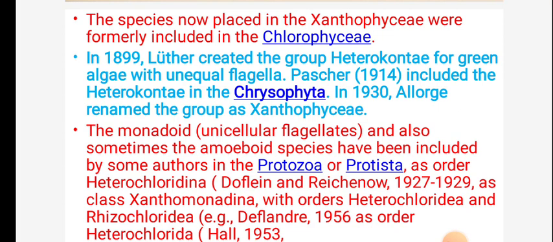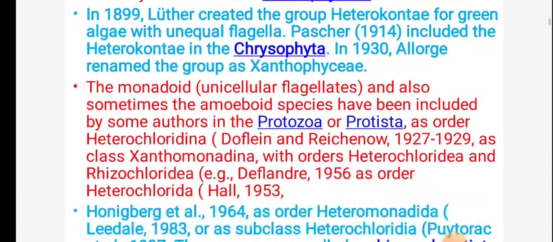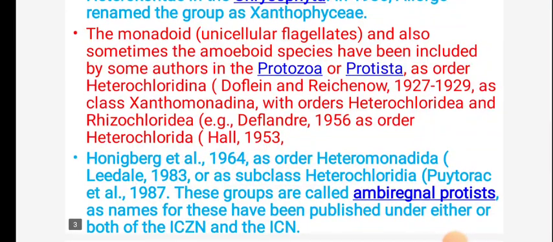Again in 1930, Allorge renamed the group as the Xanthophyceae. Commonly they have a monadoid, that is unicellular flagellate form, and sometimes amoeboid species which have been included by some authors in the protozoa or protista.